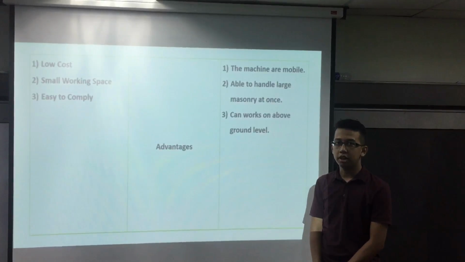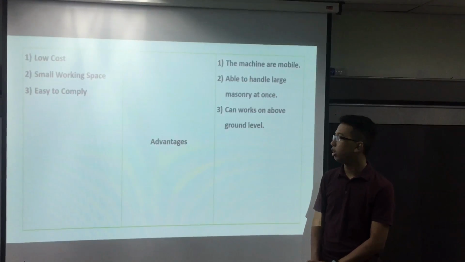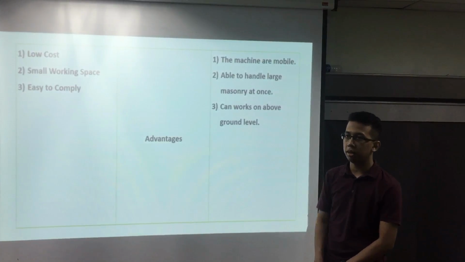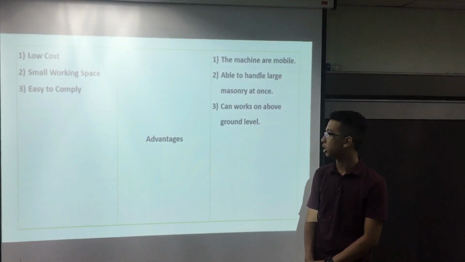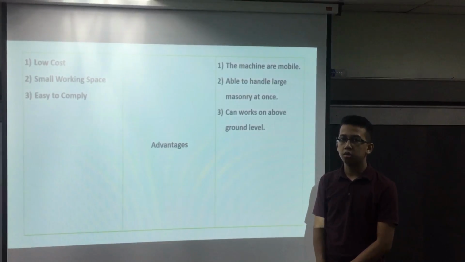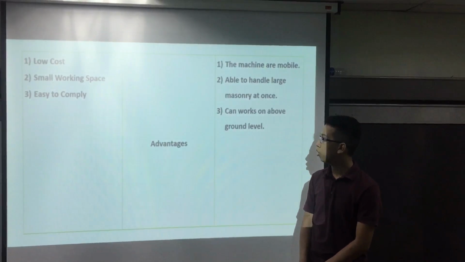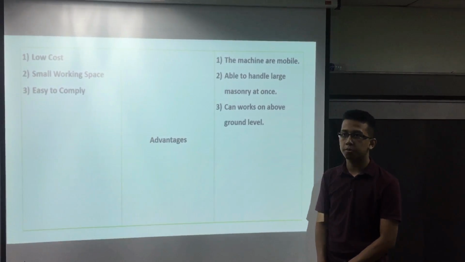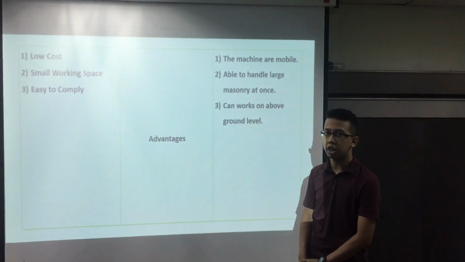Now to the next slide, we talk about the advantages and compare the methods of demolition used by both projects. Since the two-story bungalow used hand demolition, the advantage they get is that the cost is much lower compared to push-arm demolition.